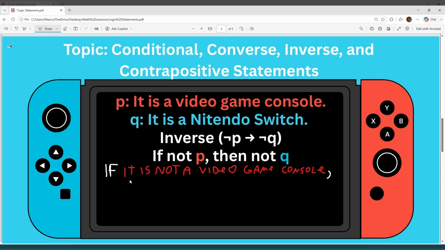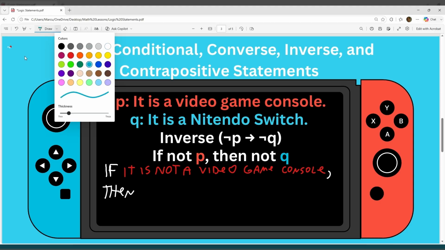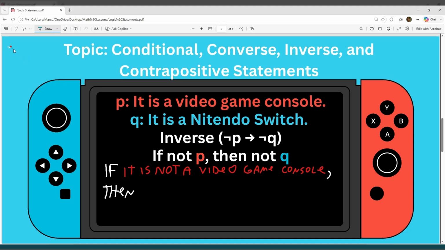Comma. Then, and the same idea, you cannot write "then not it is a Nintendo Switch." It would not make sense. So switching colors again. So we write, then it is not a Nintendo Switch.